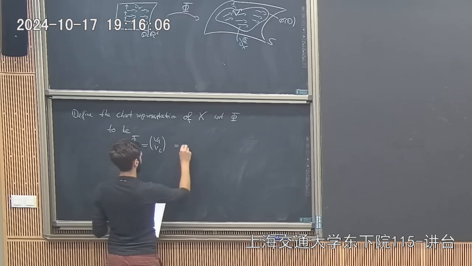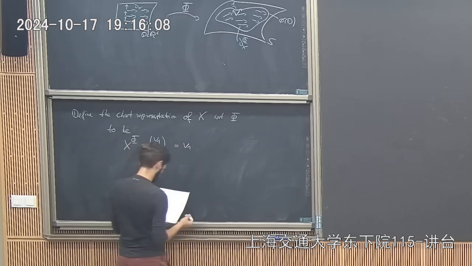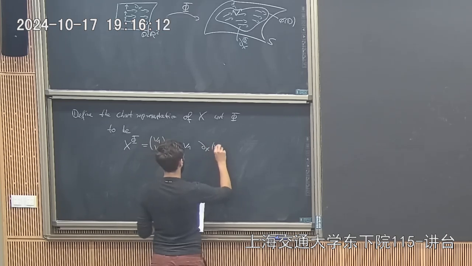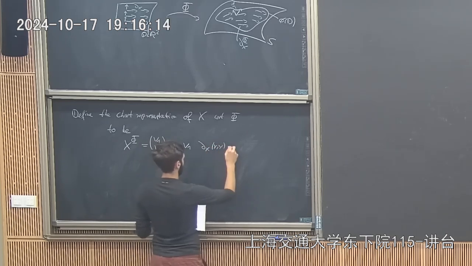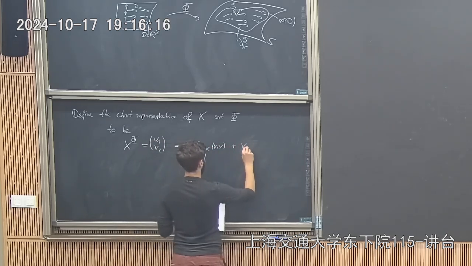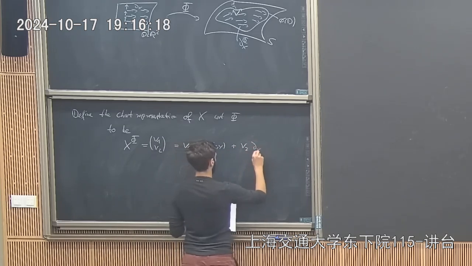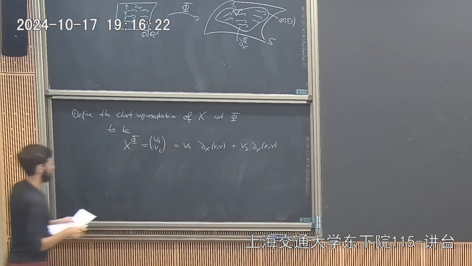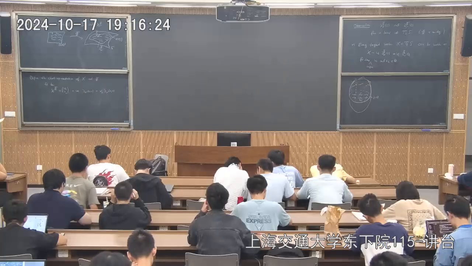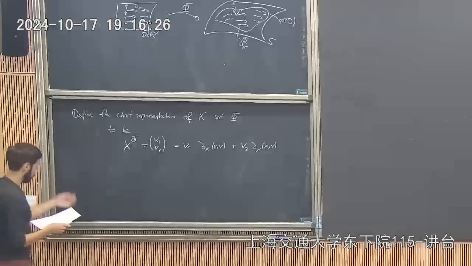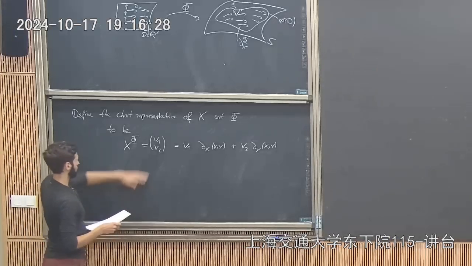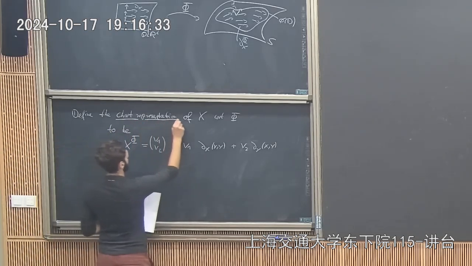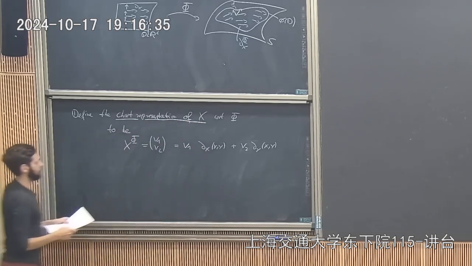But it's slightly more comfortable to write this as v1 dx and v2 dy. So this one is the chart representation, by definition, of the tangent vector x.